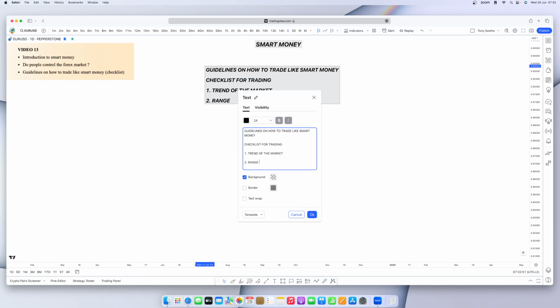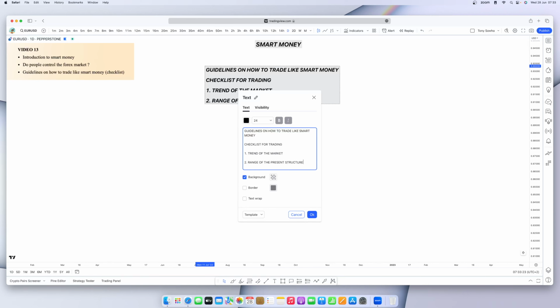When you've determined that, number two is the range of the present structure. You cannot determine the range if you have not determined the trend first. So the trend comes first, followed by the range of the present structure.